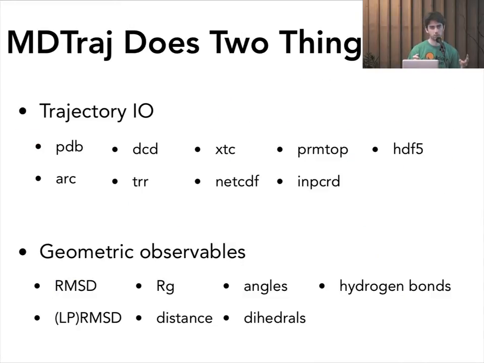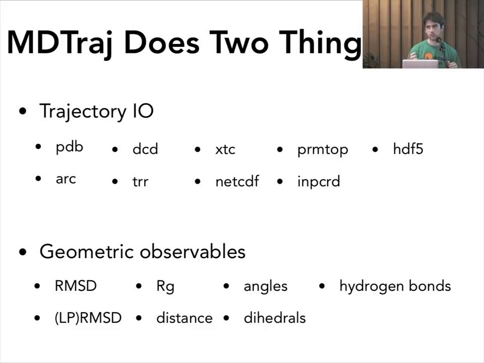So it does a couple things really well. One is read MD data in any format that you have, not just ones that OpenMM will write, and obviously you can convert between them. The other is compute geometric observables that you would want to use as input to some other method that really are specific to molecular simulations, like RMSD or hydrogen bonds.